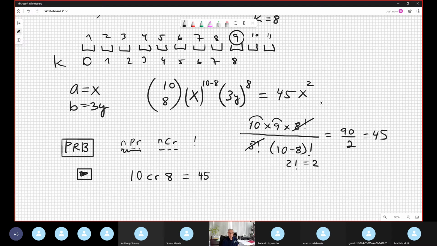And this is x squared, correct? 10 minus 8 is 2. And we have 3 to the 8th power, y to the 8th power. And 3 to the 8th power, put in my calculator also, is 6,561. So what is my final answer?